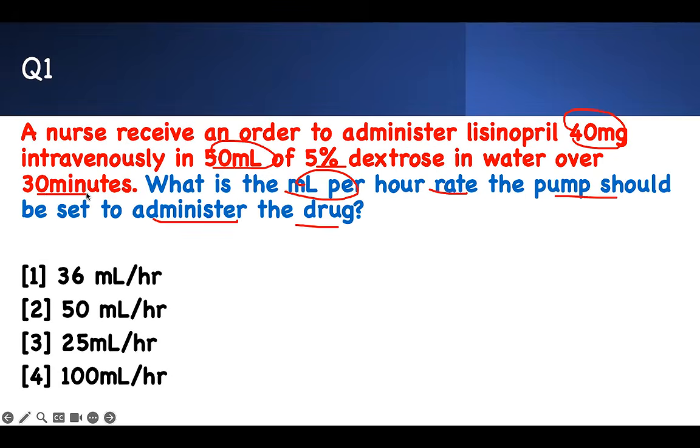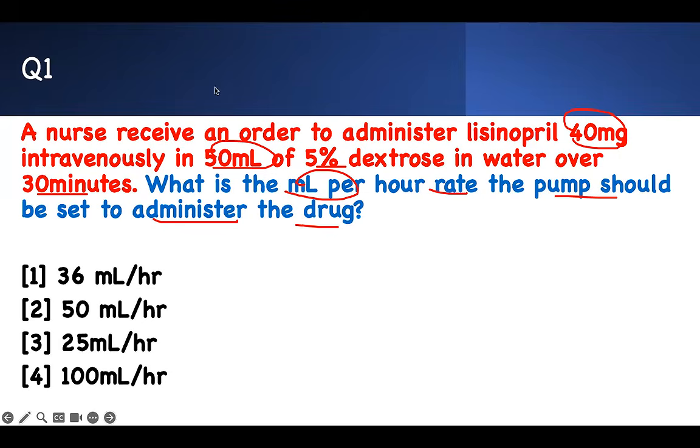Sometimes these kinds of questions are very confusing. Just relax, okay? Just write it down.